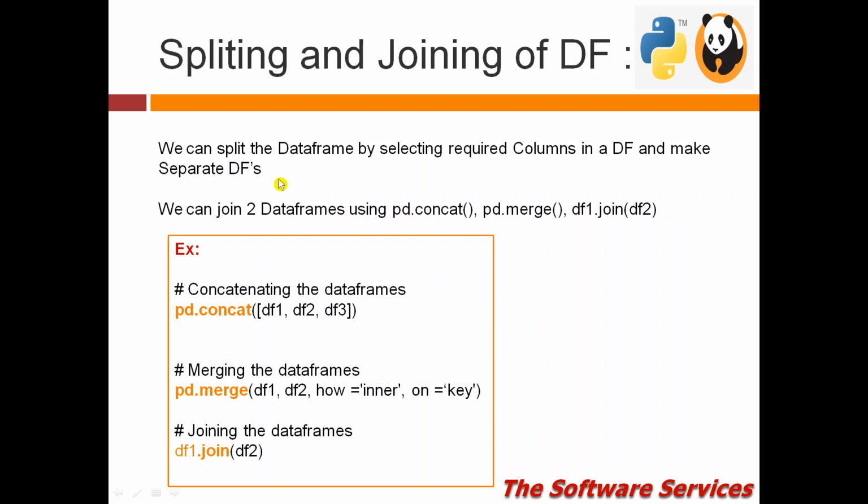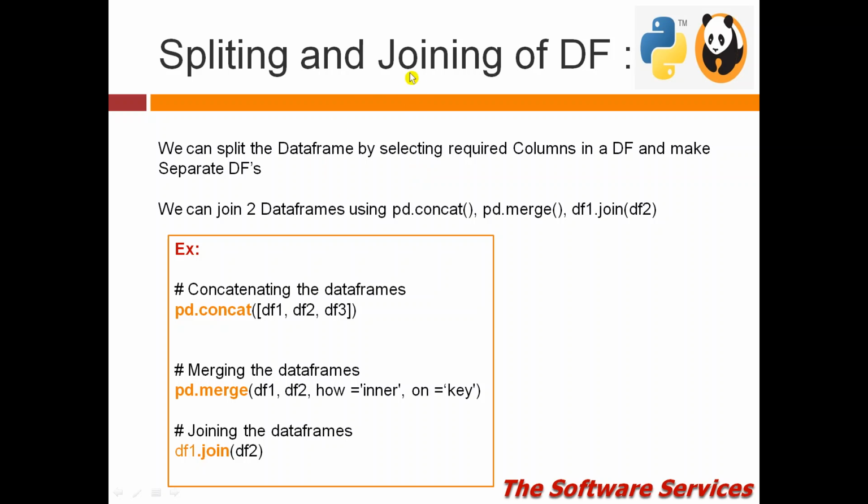By using square brackets and passing the required columns, only the columns which we have passed will be made as a separate DF. So that means we are extracting required columns from a DF. That part we had already seen in the last classes.